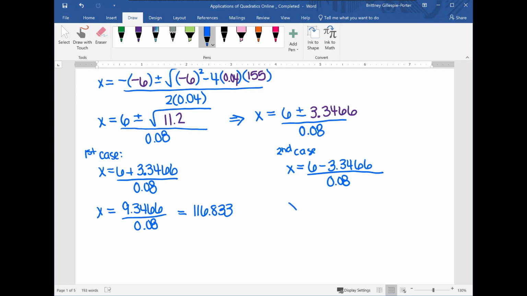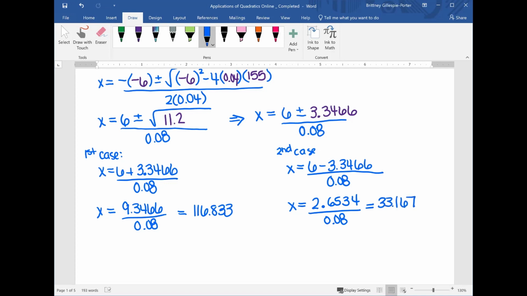On the other side, we wind up getting, I'm going to work backwards here. Let's see, 4, 3, 5, 6. There we go. So 2.6534 all over 0.08, which winds up getting us to approximately 33.167.